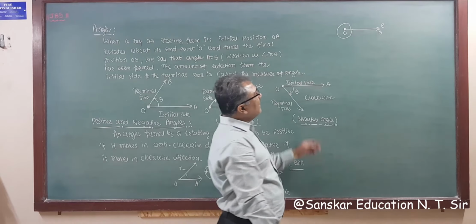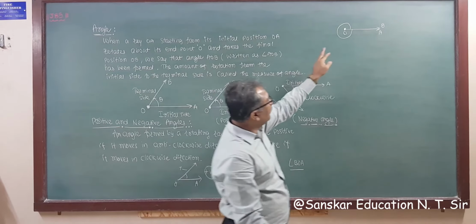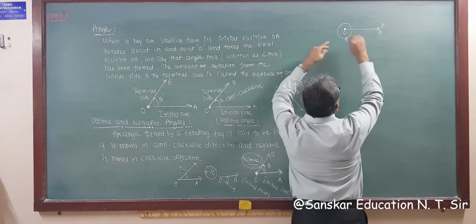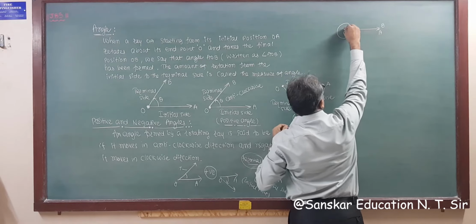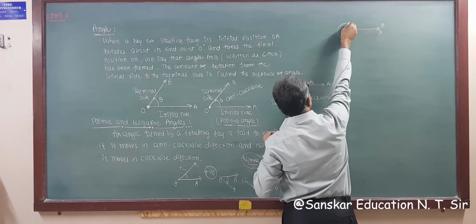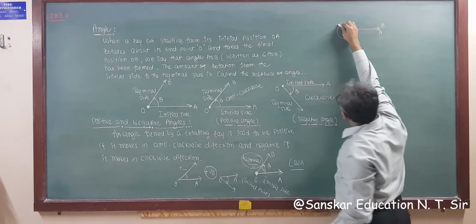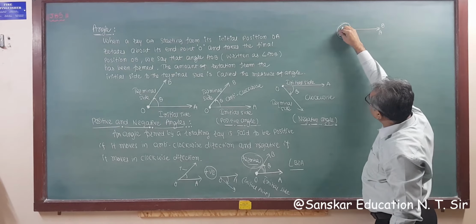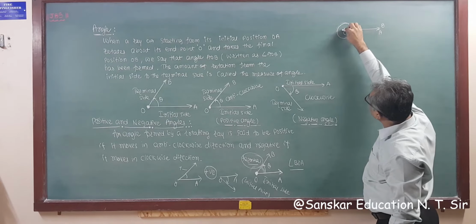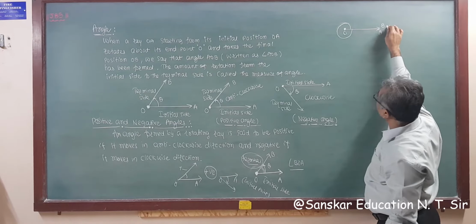We are rotating the initial ray OA starting from here, moving in the anti-clockwise direction like this, and this ray OA now becomes ray OB.